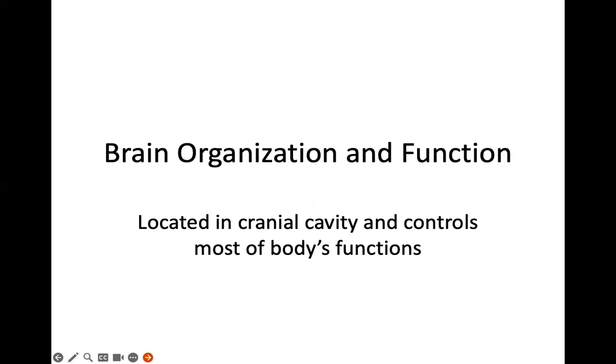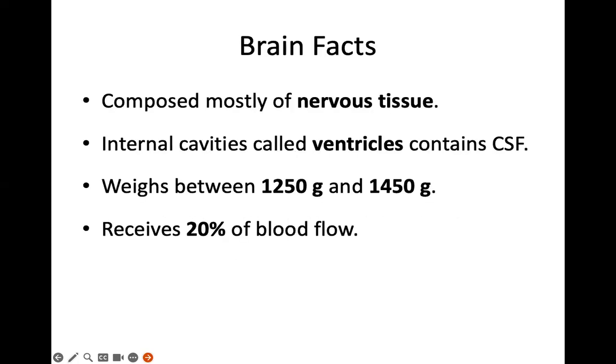The brain is located within the cranial cavity and it controls most of the body's functions. It is composed of nervous tissue. There are actually billions of neurons that make up our brain, which weighs only around 1250 to 1450 grams, close to 3 pounds.